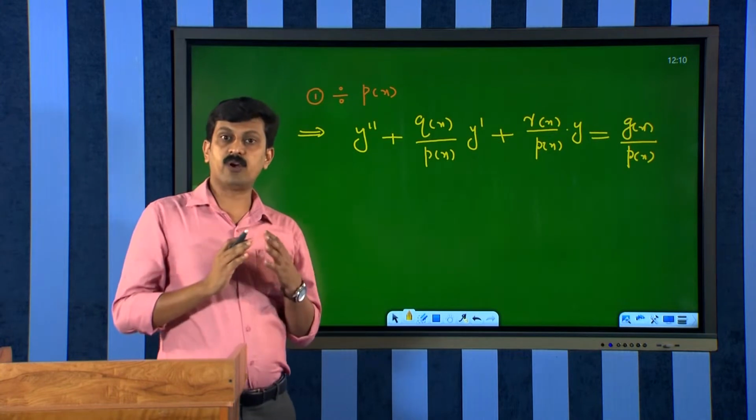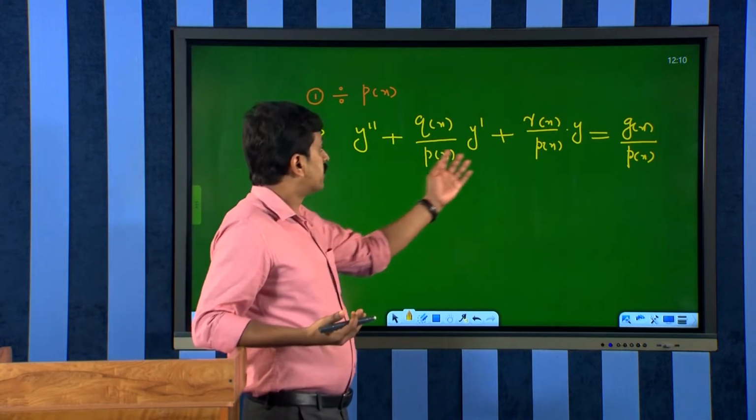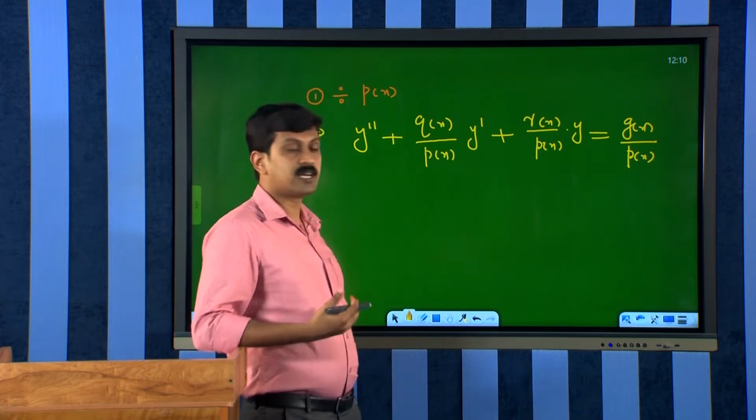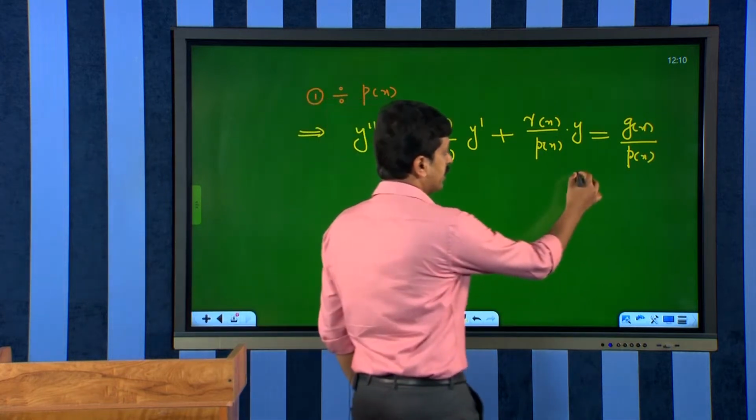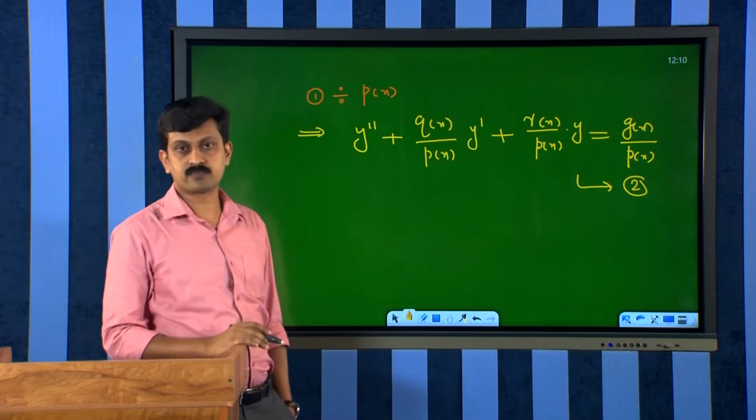If p of x is never 0, then this differential equation is defined and works like a linear differential equation. I would like to call this equation number 2.